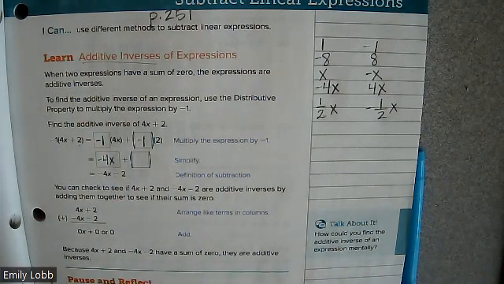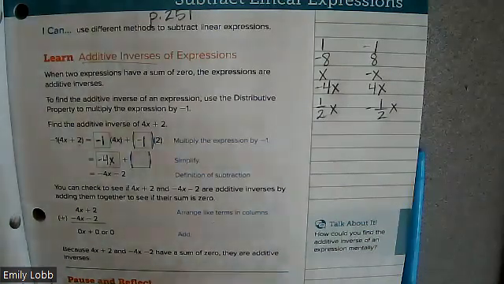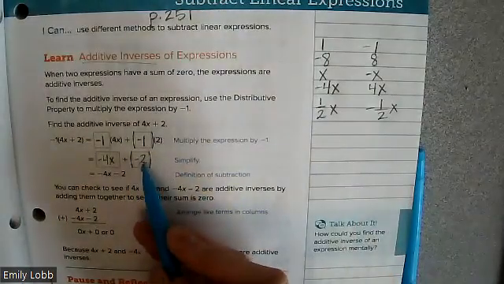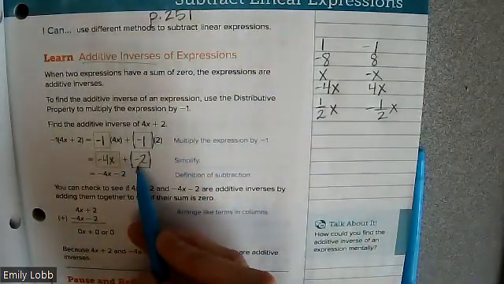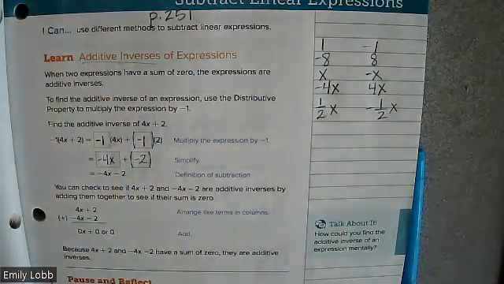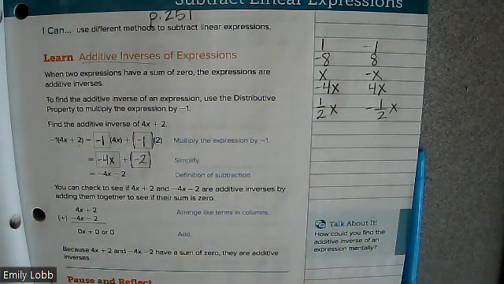And then what is -1 times 2? -2. And they did what I've been telling you to do. Instead of saying plus the opposite of 2, we're just going to subtract 2. That's what subtraction is. Subtraction is adding the opposite.